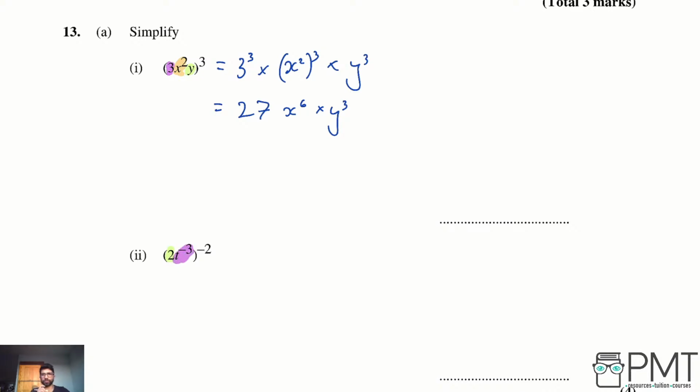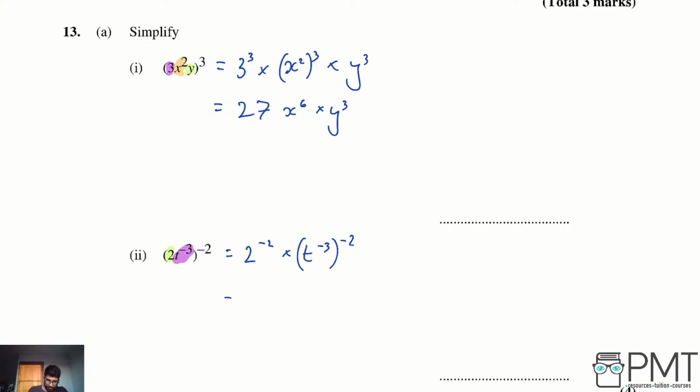So those are my 2 terms. And they each need to be raised to minus 2. Okay. 2 to the minus 2 times t to the minus 3 to the minus 2.